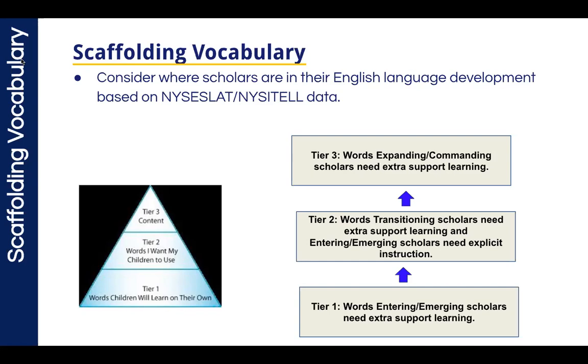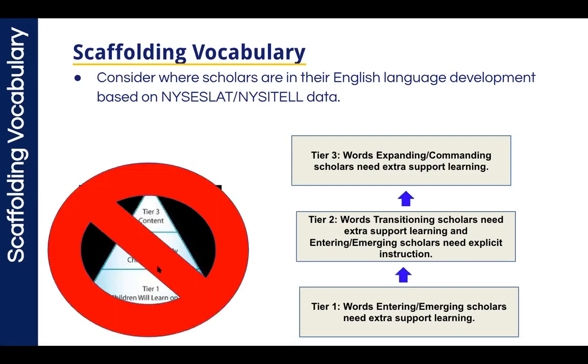But when you're looking at your students and you're seeing that they might be at an entering or an emerging level on the assessment, then those are students who are still acquiring that tier 1 vocabulary and need your support doing so. This is something that we often skip, but as the pyramid shows, you need to be able to do all of them.